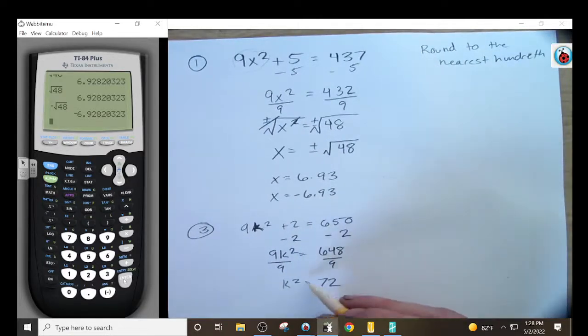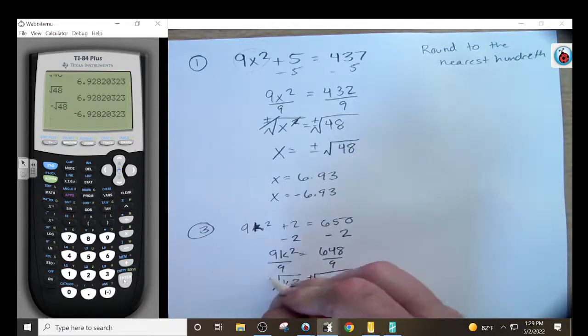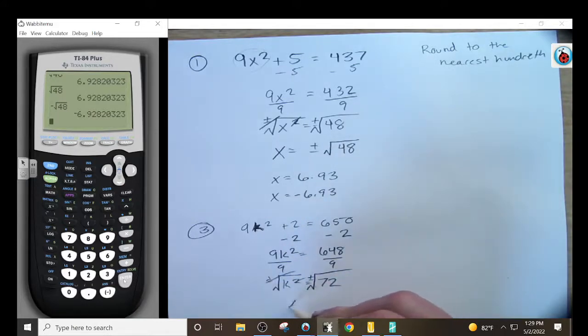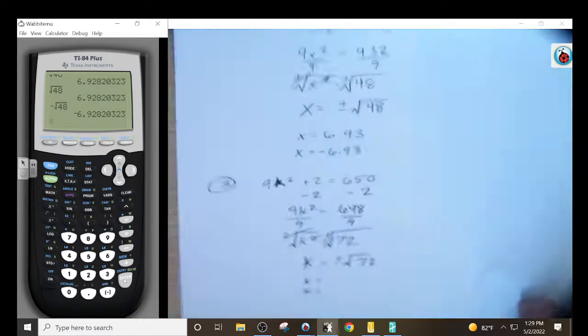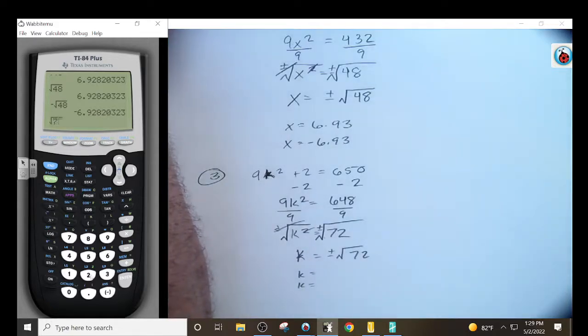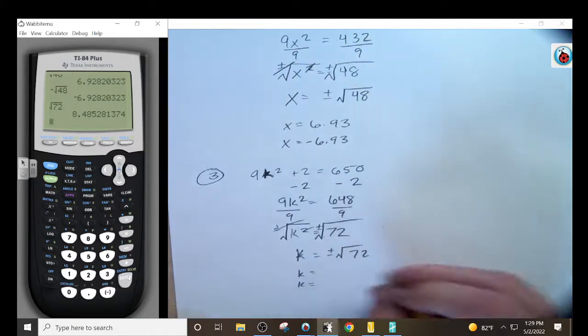Now, same thing, we're going to take the square root of both sides, and it is plus or minus the square root. So that would be k equals plus or minus the square root of 72. So that's going to give me square root of 72. All right, it's going to be rounded to the nearest hundredth.